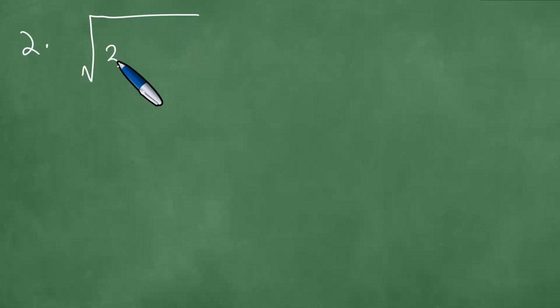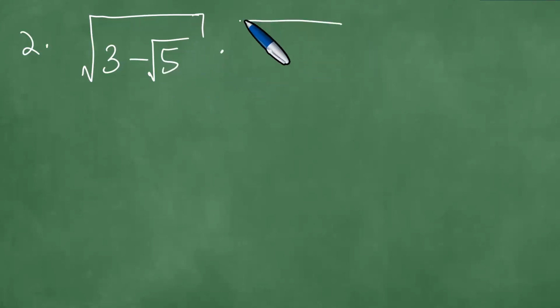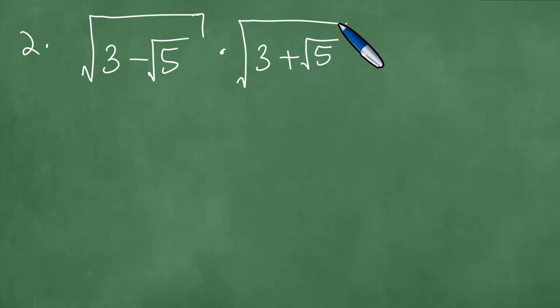The square root of 3 minus the square root of 5. Okay, try this one quickly. Let me know when you're done.